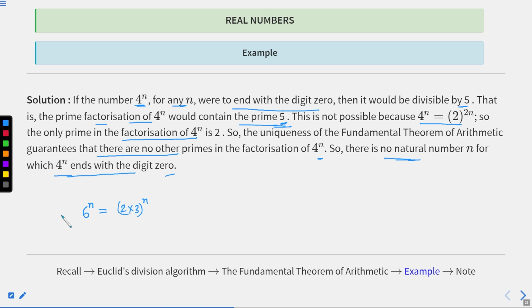But the factorization of 6 to the power n would not contain 5, because 6 to the power n is equal to (2 into 3) whole to the power n, and the uniqueness of the fundamental theorem of arithmetic guarantees that there are no other primes in the factorization of 6 to the power n. So there is no natural number n for which 6 to the power n ends with the digit 0.